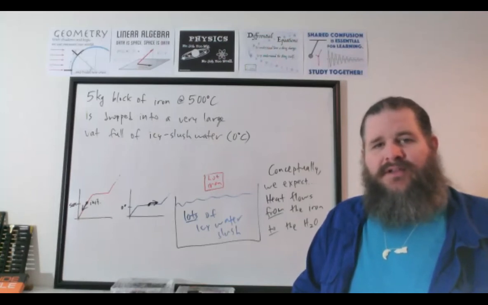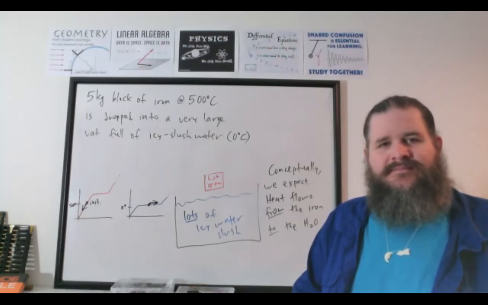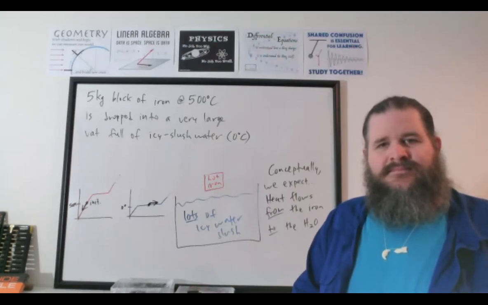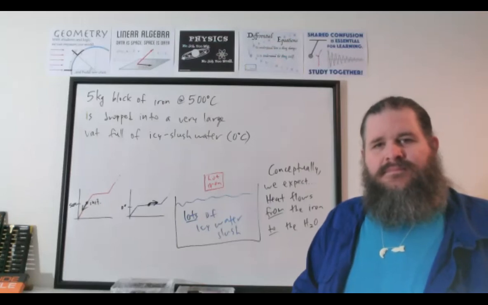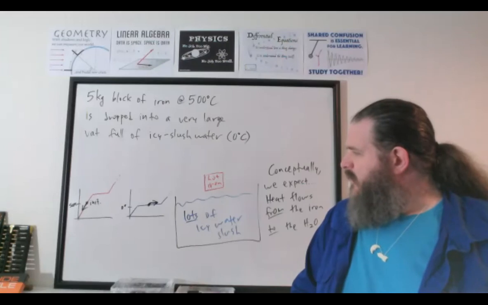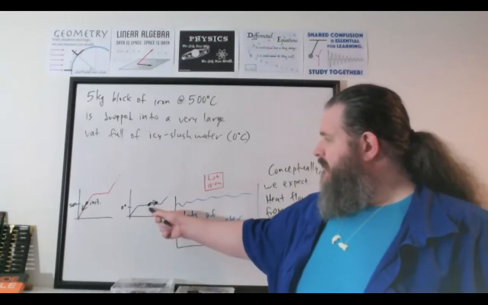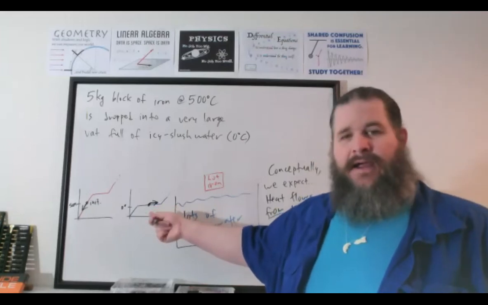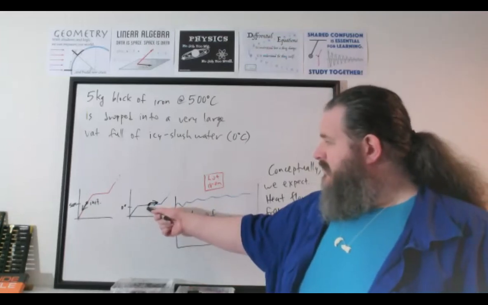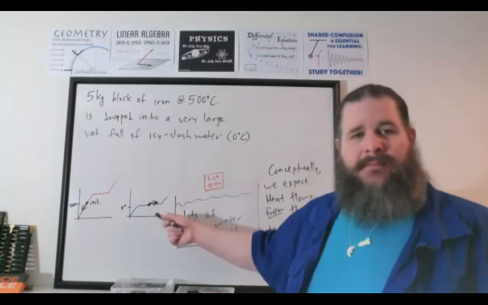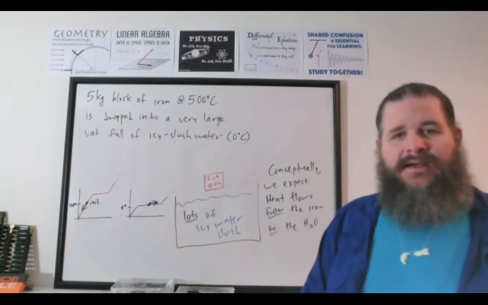If there's lots and lots and lots of it. Yeah, it's going to be probably mostly liquid, because we know we're at least getting more towards the liquid side. In fact, we can tell that just from the three phase diagram. As the icy slush gains energy, it's going to be melting. It's getting more towards the liquid side.